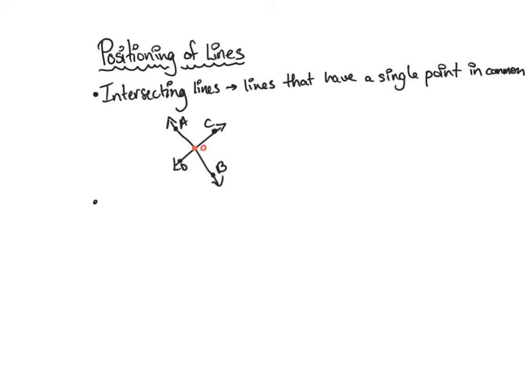The next type is a specific kind of intersecting lines called perpendicular lines. Perpendicular lines are lines that intersect, but specifically at right angles.